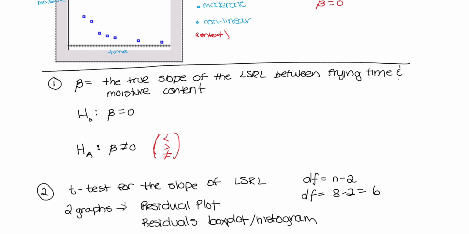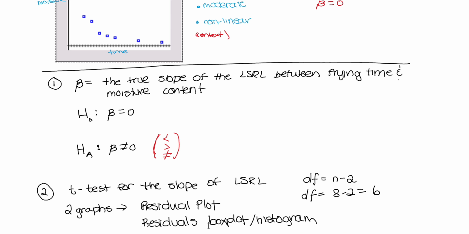The second step will be stating the name of the procedure, which in this case will be t-test for the slope of LSRL. We will draw 2 graphs, the residual plot and the residual box plot or histogram. You may be familiar with the residual plot, but what's a residual box plot or histogram?